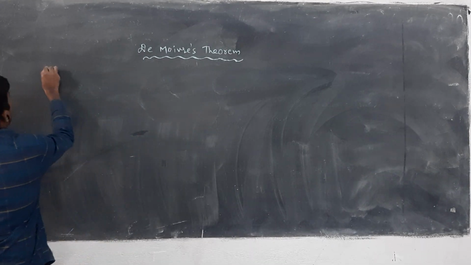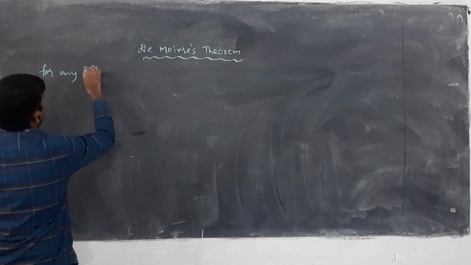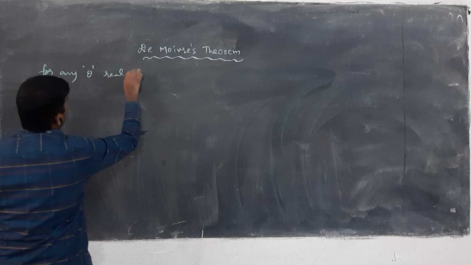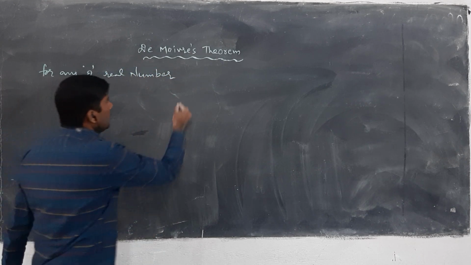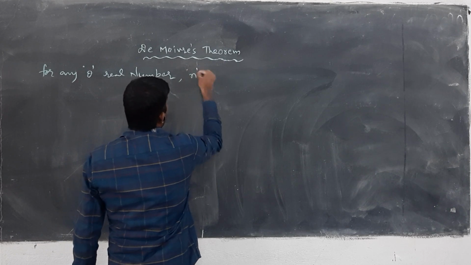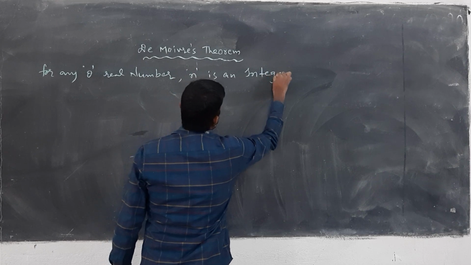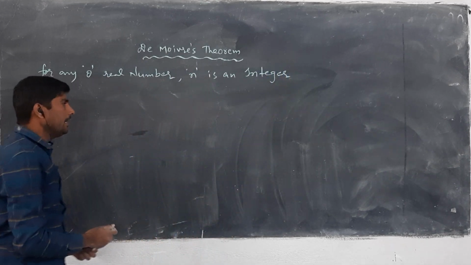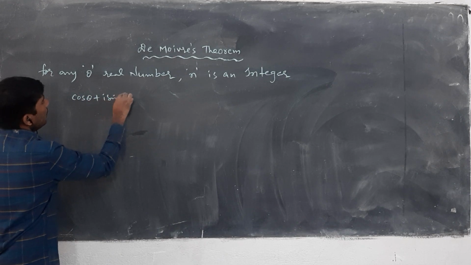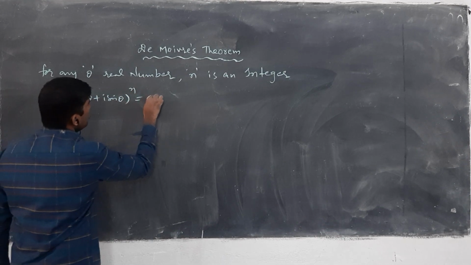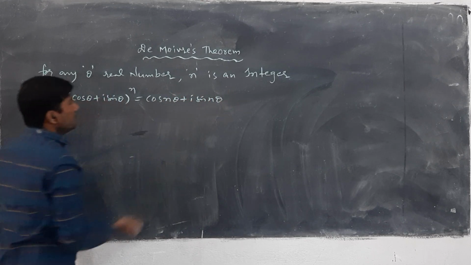For any theta a real number, and n an integer, cos theta plus i sin theta whole power of n is equal to cos n theta plus i sin n theta.